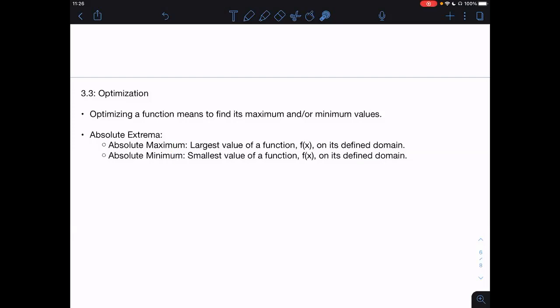So when finding absolute extrema, we should always have a maximum and a minimum, because we're looking for the biggest y value on some defined closed interval.